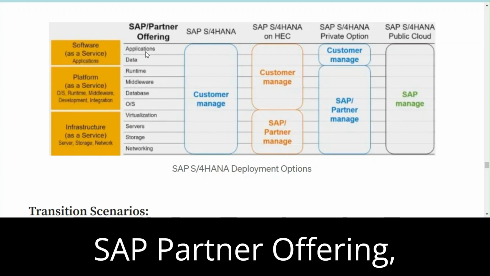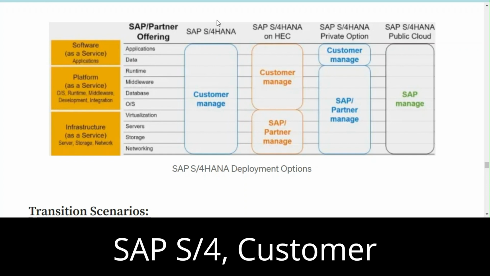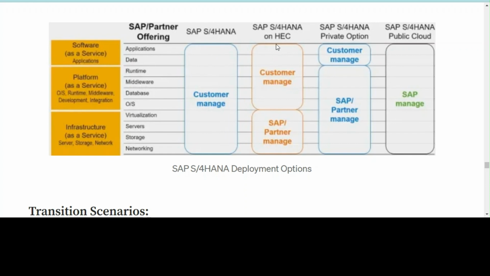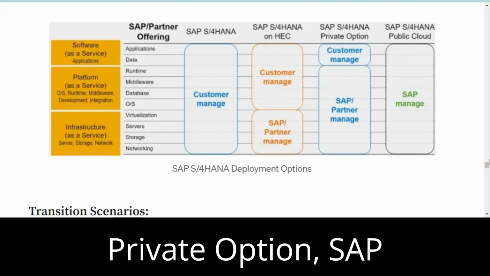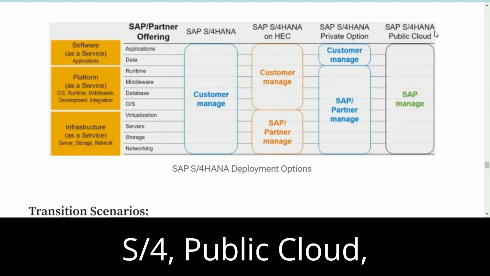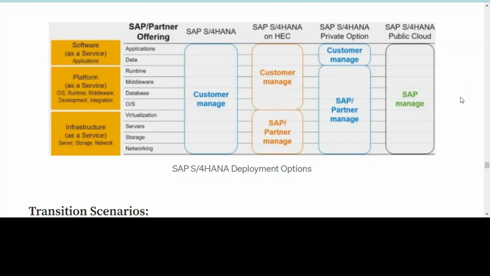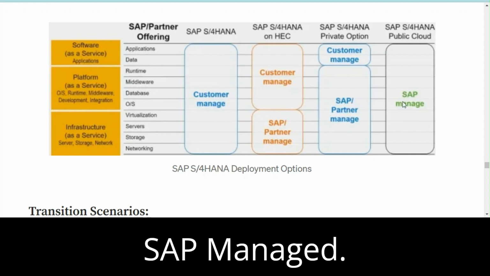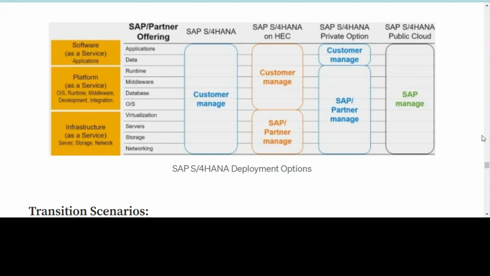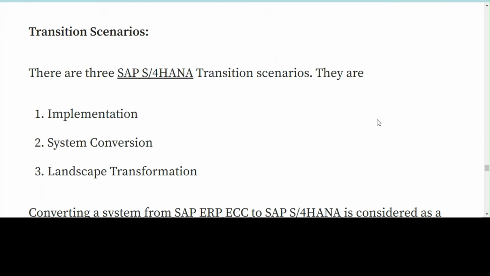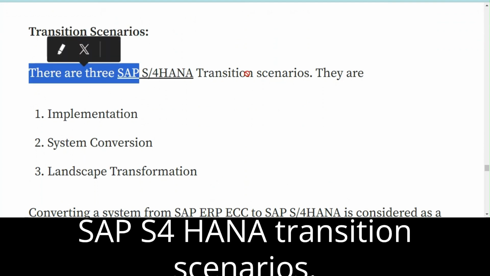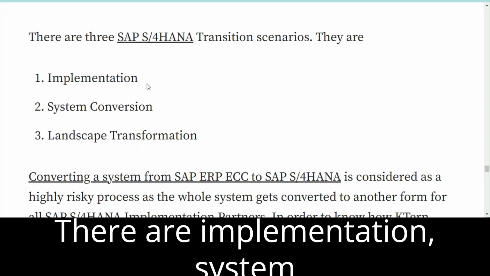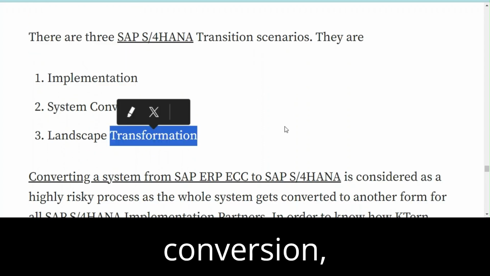SAP partner offering: SAP S/4HANA customer managed, SAP S/4HANA on HEC, SAP S/4HANA private option, SAP S/4HANA public cloud, SAP managed. Transition scenarios. There are three SAP S/4HANA transition scenarios: implementation, system conversion, and landscape transformation.